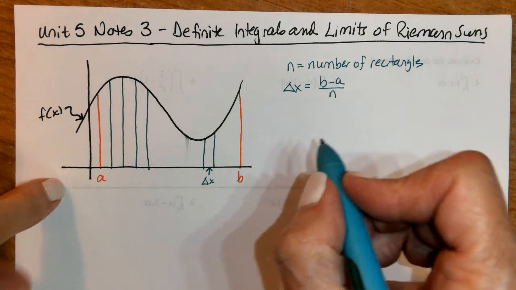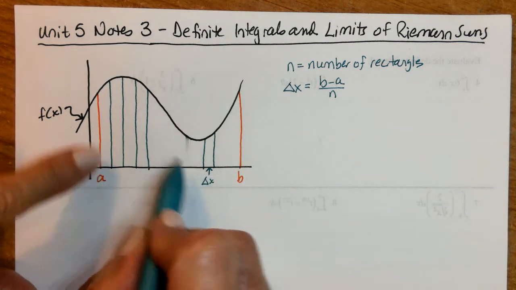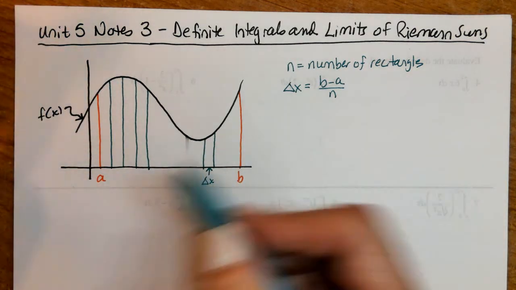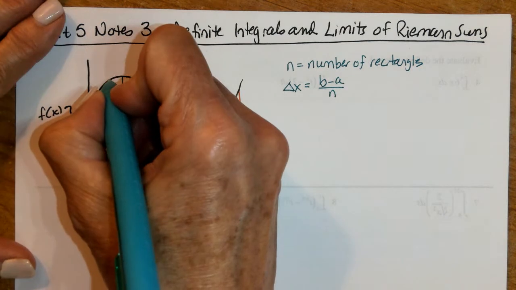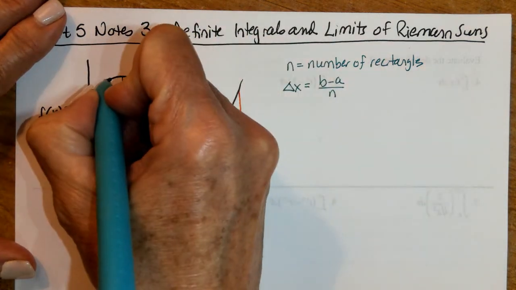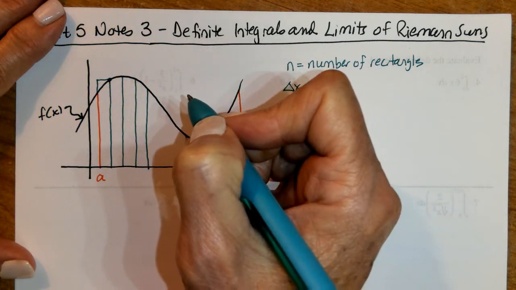Now we have a way to write every base length of each rectangle. Now we need a way to write every height of the rectangle. Well, if we're using a right Riemann sum, then this will be the height of the first rectangle. I'm going to draw it out over here. That would be the height of that first rectangle, right?